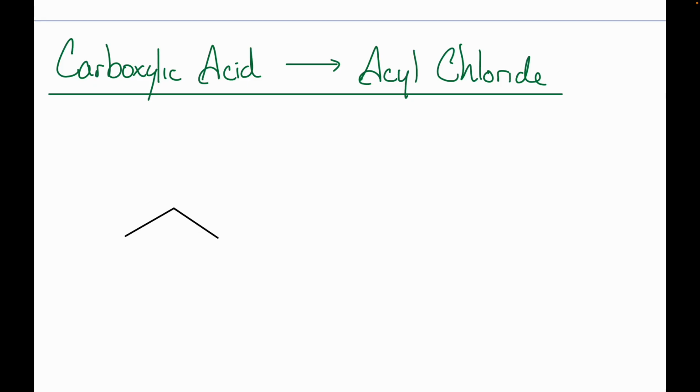First of all, we've seen thionyl chloride before, when we were talking about converting primary or secondary alcohols into alkyl halides. That was one method of getting rid of that hydroxyl group and replacing it with a good leaving group, using SOCl2.